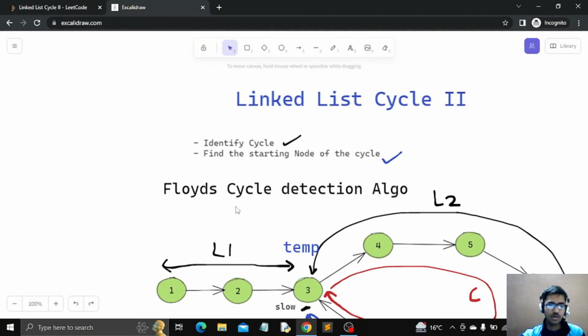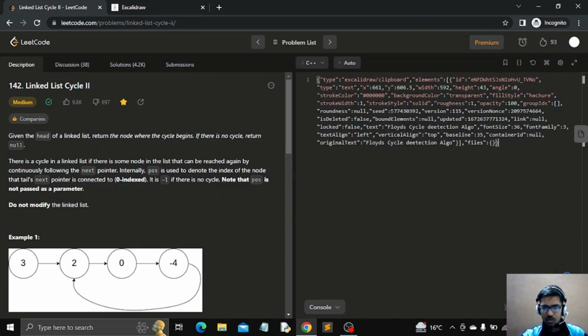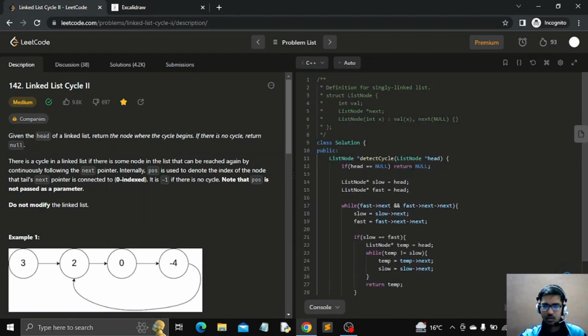Okay, now let us move to the coding section to see the code of this algorithm. So we are going to see the C++ code. We are given the head of the linked list. Firstly we are going to check if the head is null, which means there is no linked list, so we are going to return null.